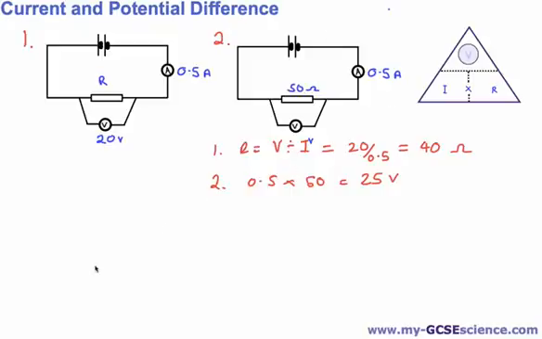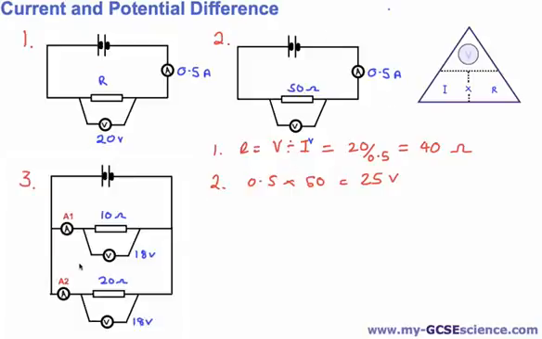And the third one here is slightly less straightforward. We are required to work out the current in what we call a parallel circuit, and a parallel circuit is one that has branches, and because it has branches, if we're working out resistance or current in this case, we have to work with that particular branch. So we just focus on that area there for working out the current in A1.